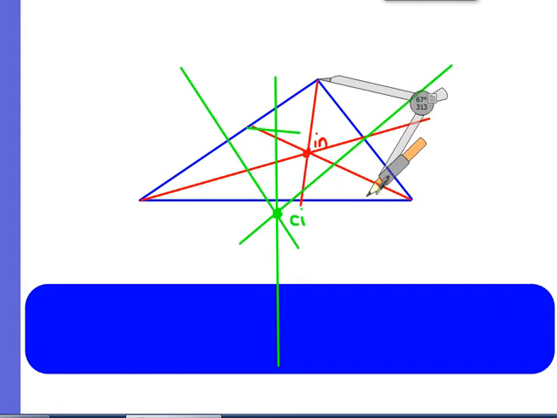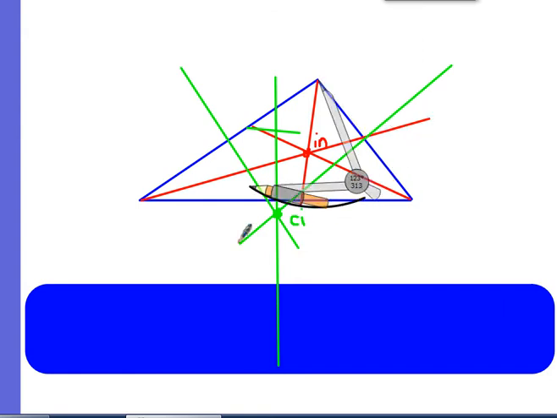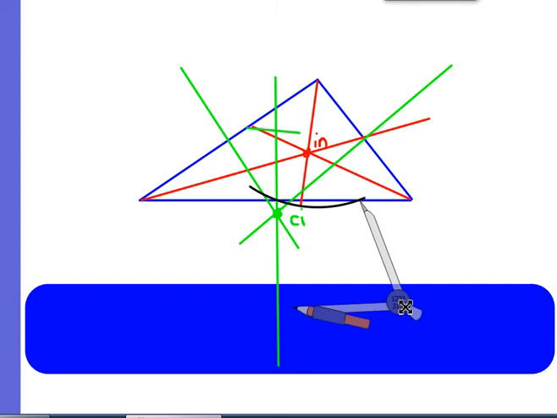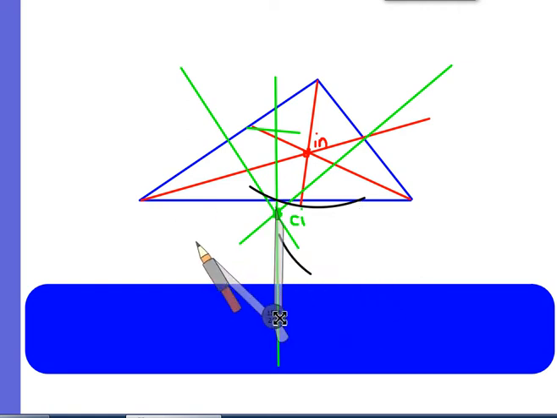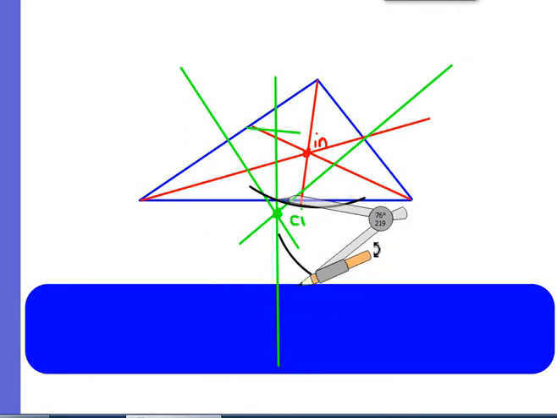So go a little bit past. We draw the arc. It intersects twice. We go to the first intersection point. We can change this if we want. We draw the arc. We go to the second intersection point. We draw the arc.